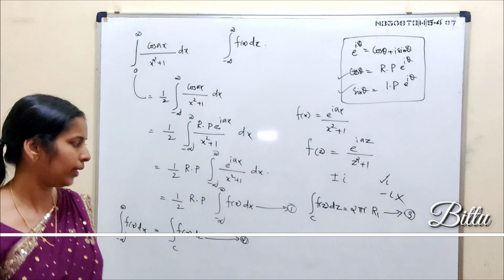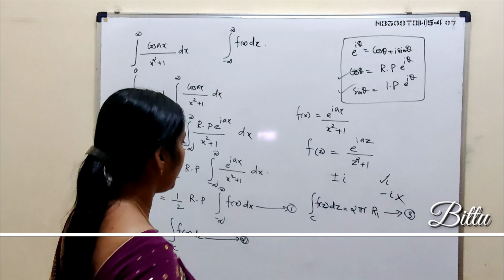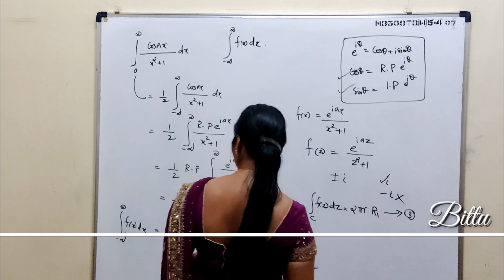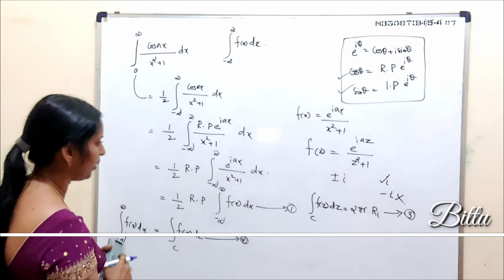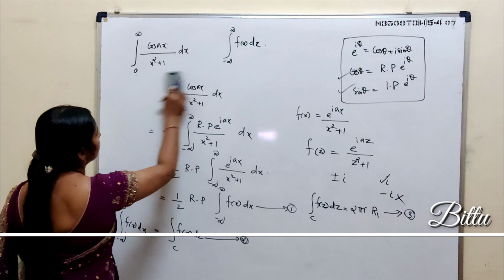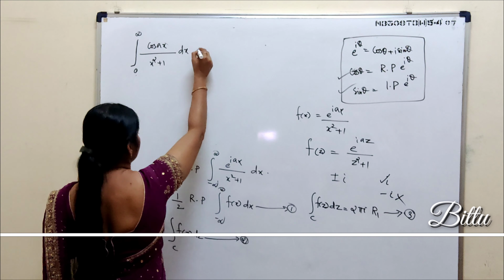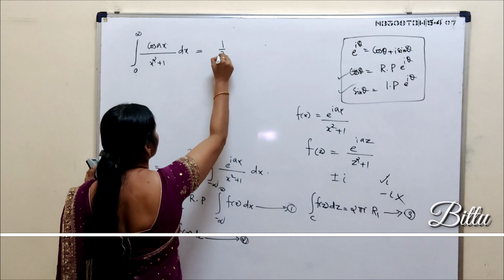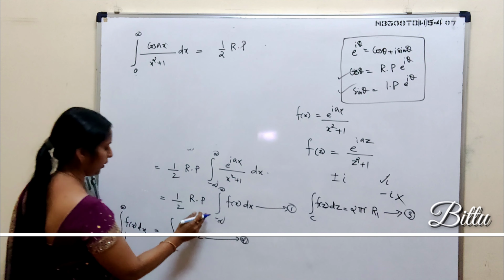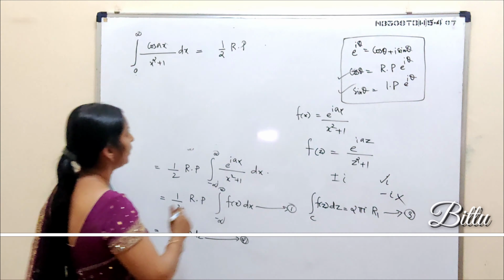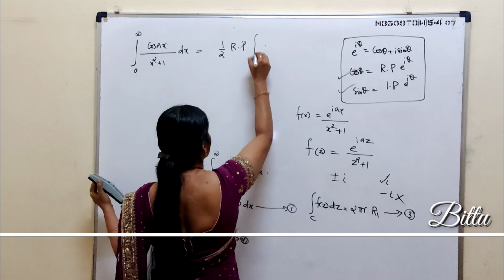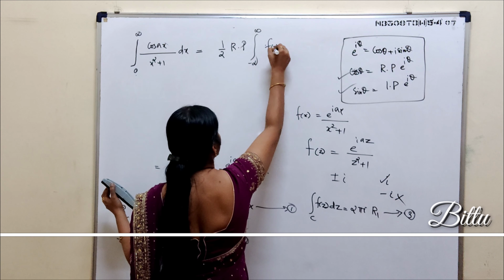Next, we have to evaluate R1. The given integral becomes half real part of, equation number 1 gives, the real part of the integral from minus infinity to infinity of f(x) dx.